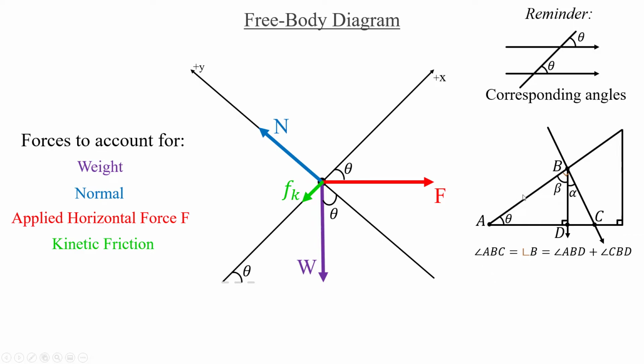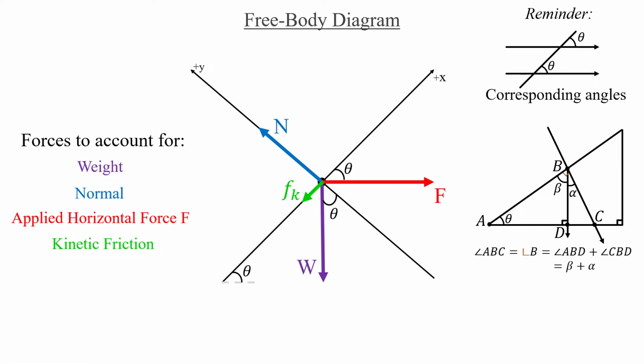The angle ABC, which I've labeled as the right angle, B here, that's the sum of two smaller angles, ABD and CBD, which I've also labeled as beta and alpha. So take a look at this smaller triangle, forgive me. We have the sum of these three angles in this smaller triangle being theta, beta, and 90 degrees.